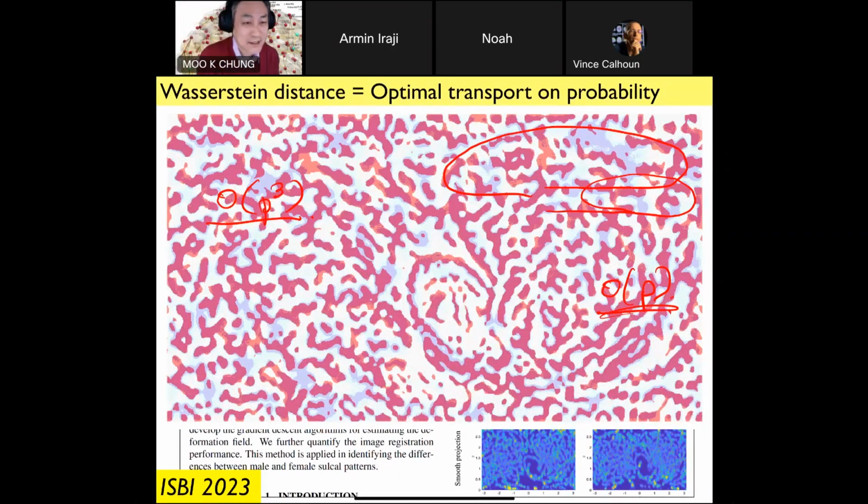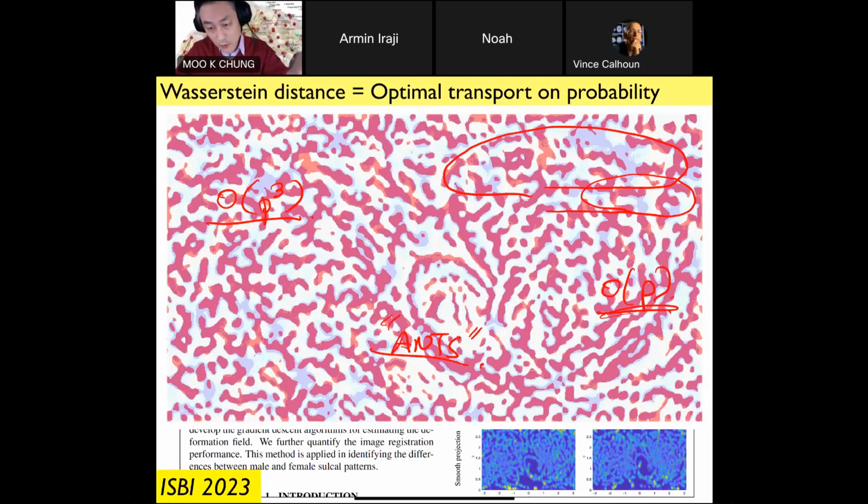So you like it? This is something you cannot do with diffeomorphic image registration. If you're using the ANTs package, I'm not sure how good it will give you the matching of this circle pattern. Why? Look at the circle pattern. You can have two circle patterns that should be matched to one circle pattern. That's topologically different.